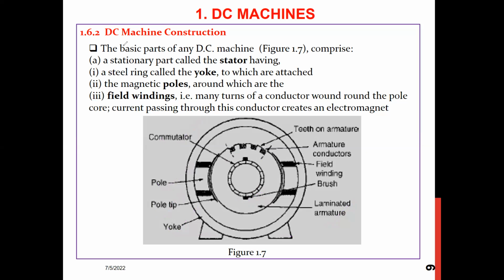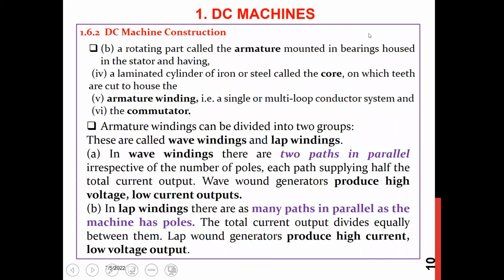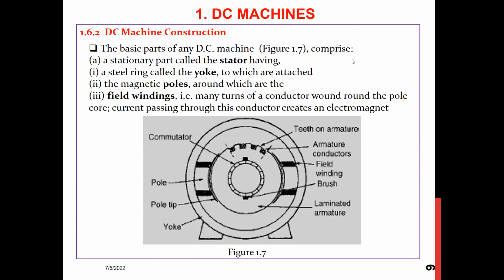Then moving on to our next point. We have a rotating part, which is called the armature. The armature is mounted in bearings. Here from our drawing, we have the armature.